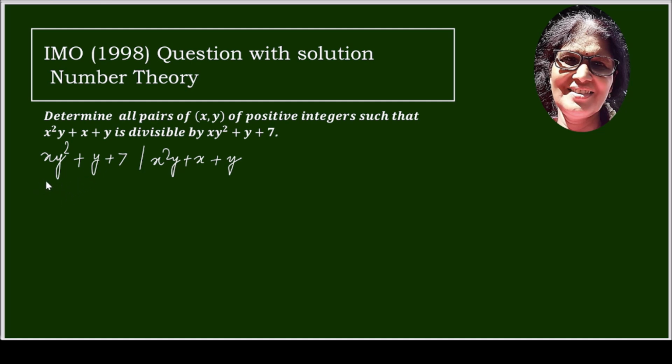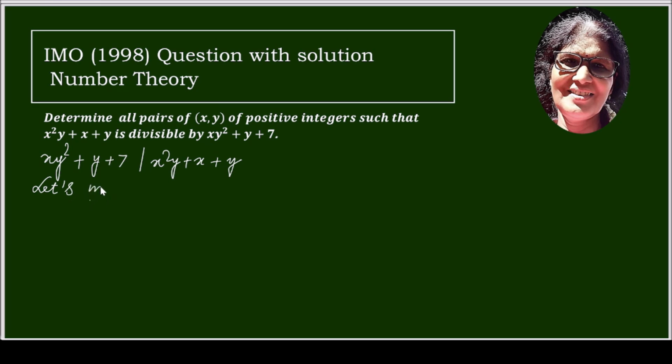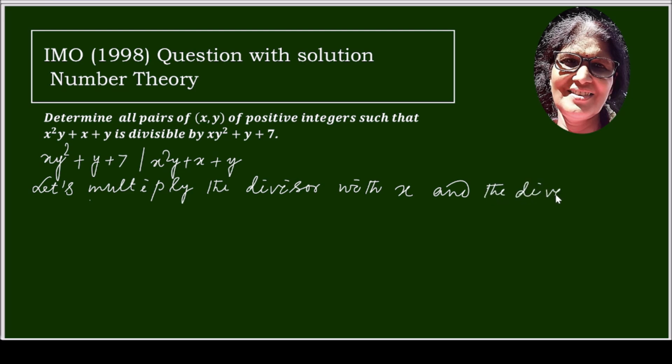Now to simplify, I am multiplying. Let's multiply the divisor with x and the dividend with y.